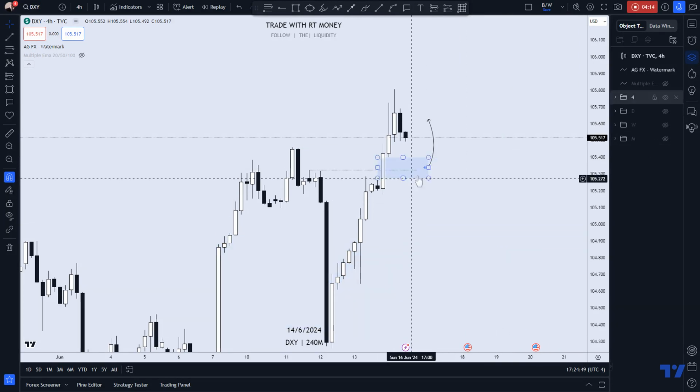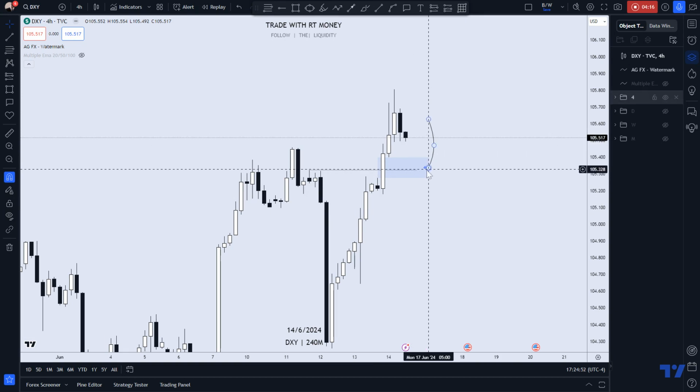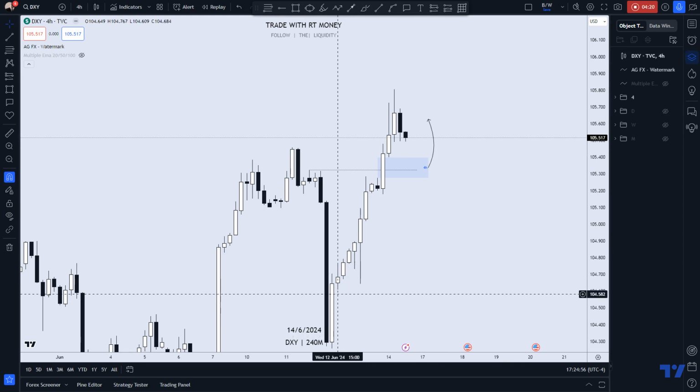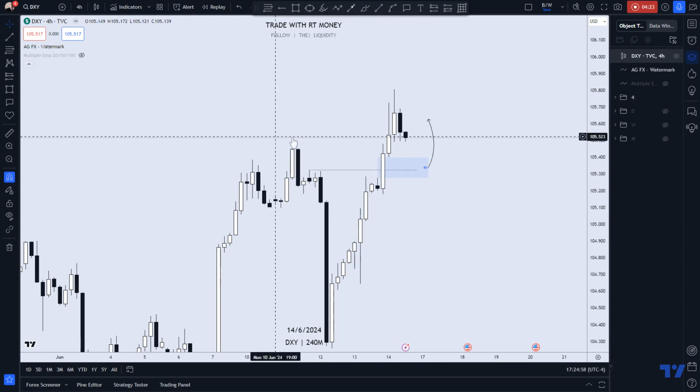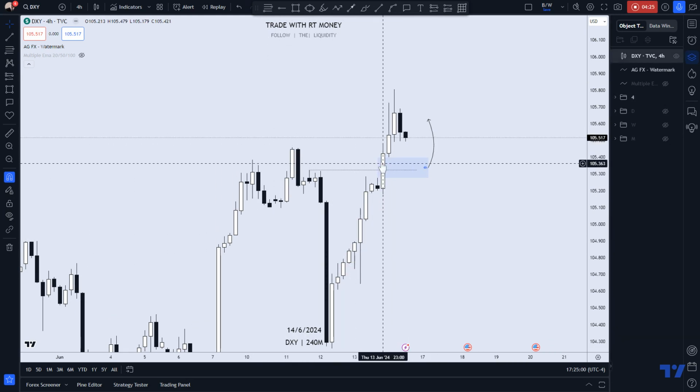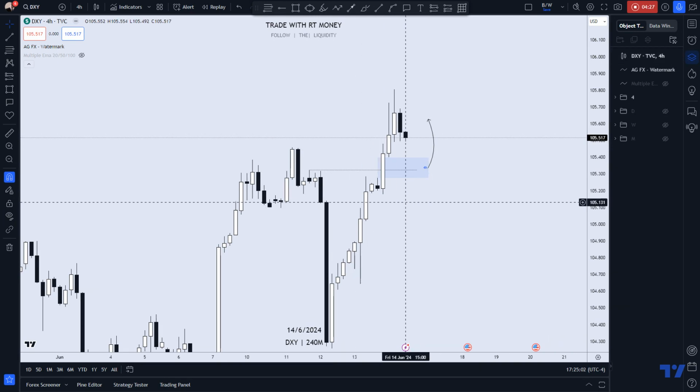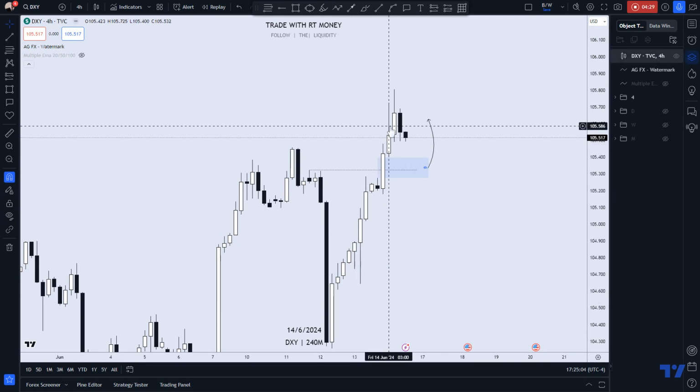And I expect price to hold once it gets here and continue higher. You can see in this bullish leg that took out the swing high on the 4 hour that there are fair value gaps that will form that support higher prices.